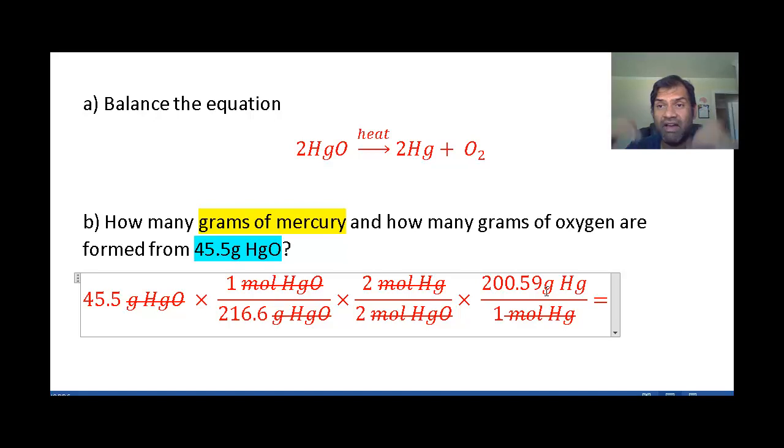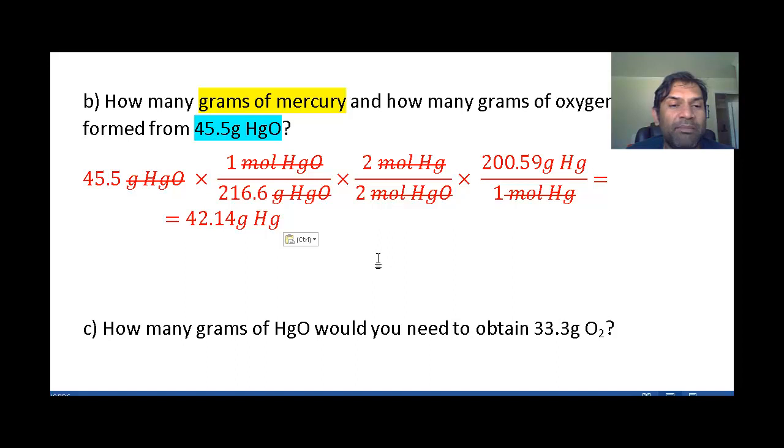Take that product divided by parentheses 216.6 times 2. Close the parentheses on your calculator, hit the equal sign, and let's see what we get. So doing that, I'm getting 42.14 grams of mercury. Definitely want to check my work in case I make a calculator error. You can generate 42.14 grams of mercury.